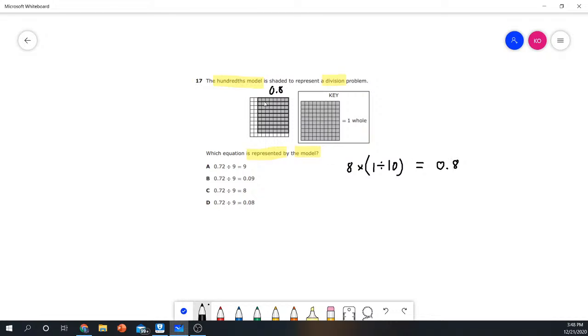And then you see the columns here 1, 2, 3, 4, 5, 6, 7, 8, 9. So there are 9 columns there, so 0.9, because 9 times 1 divided by 10 is equal to 0.9.